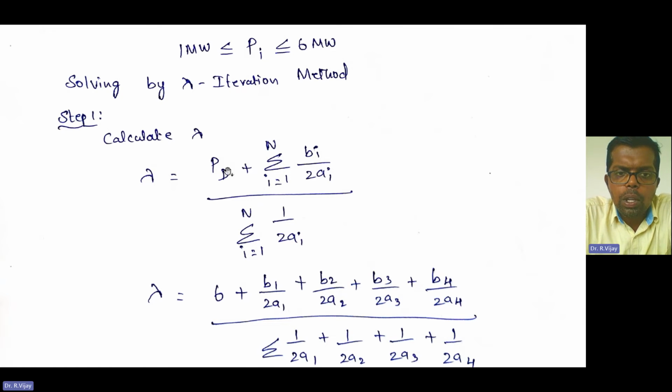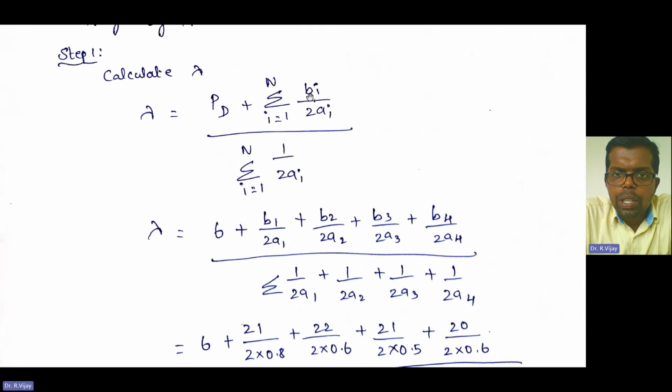Lambda is equal to PD plus summation i equal to 1 to n of Bi divided by 2Ai, the whole divided by summation i equal to 1 to n of 1 divided by 2Ai. Four generating units are given here; even if 5 or 10 generating units are given, you need to substitute, so here n is equal to 4.